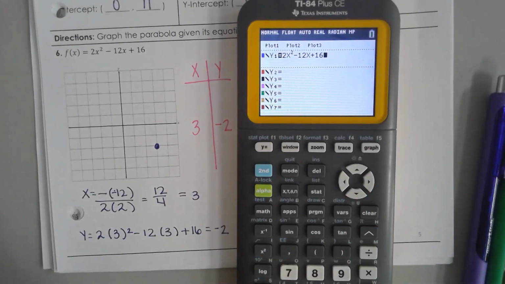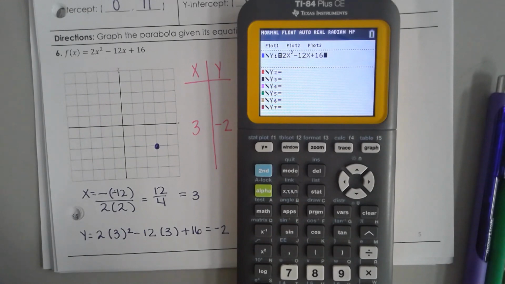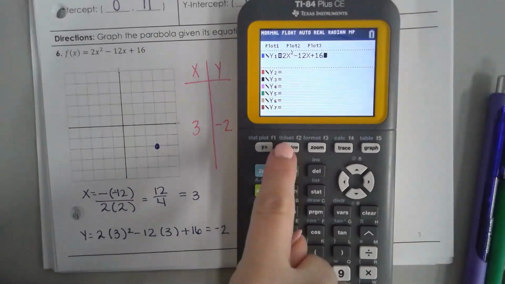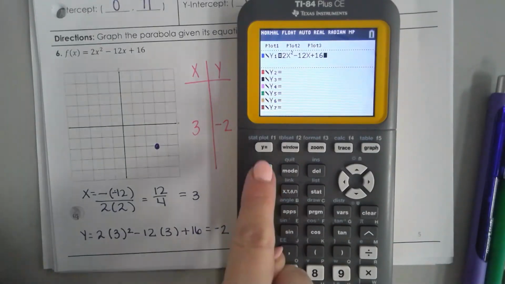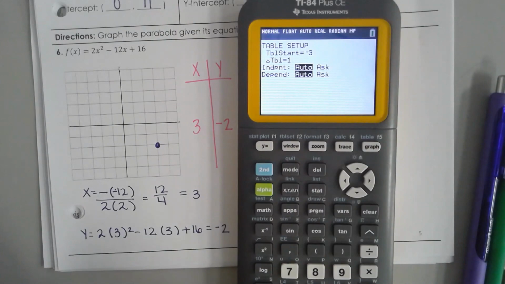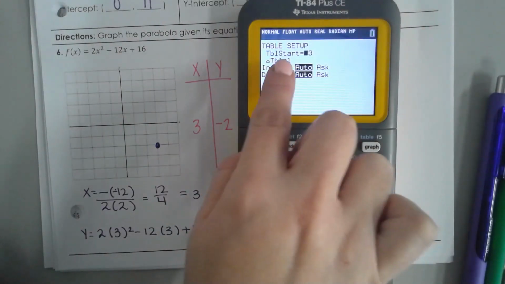Before we move on, I'm going to have you check some settings on your calculator, because people play around and mess these settings up. Do you see where above window it says table set? We're going to hit second window. Right here, table start.